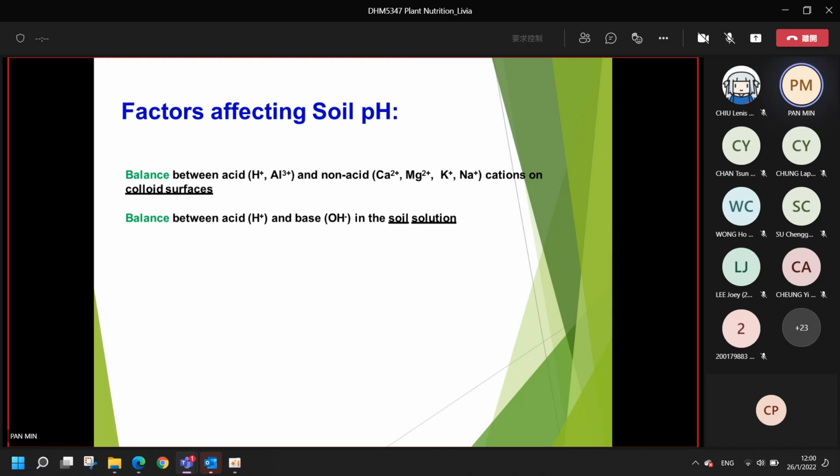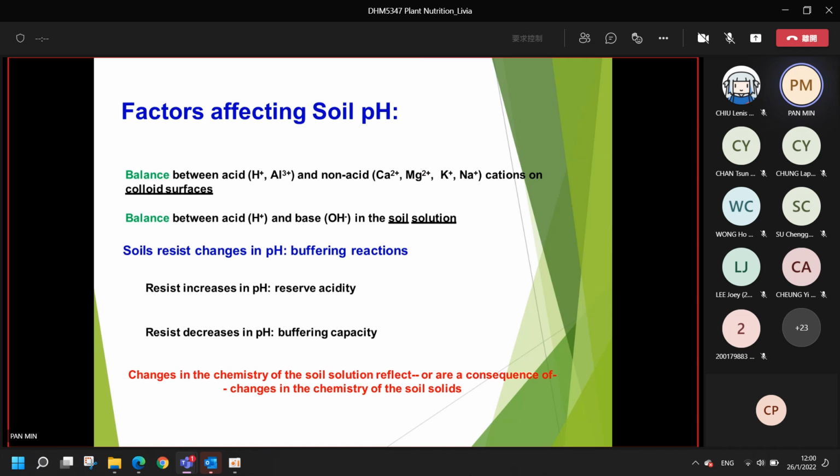So from just one soil property description, you can know more information from it. Another factor affecting the soil pH is the balance between the acid and non-acid cations on the colloid surface, because the balance between the acid and the base in the soil solution is very important.